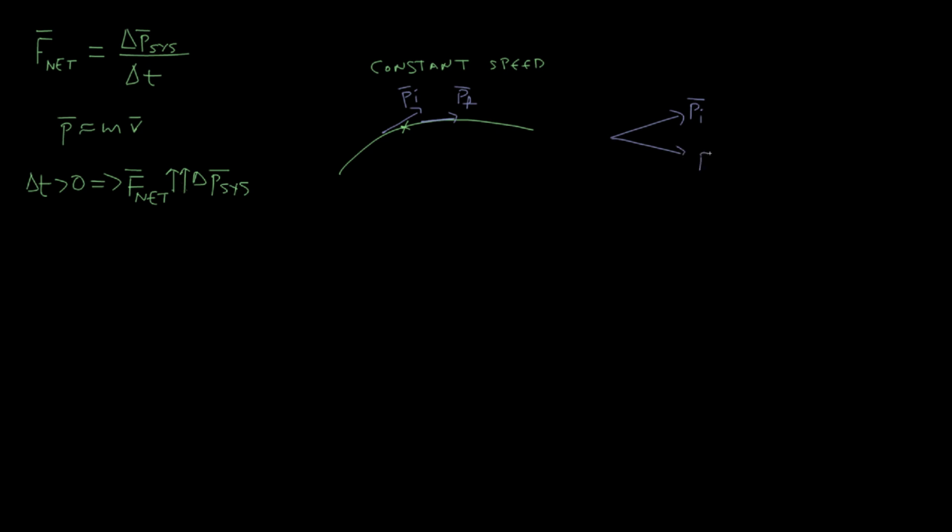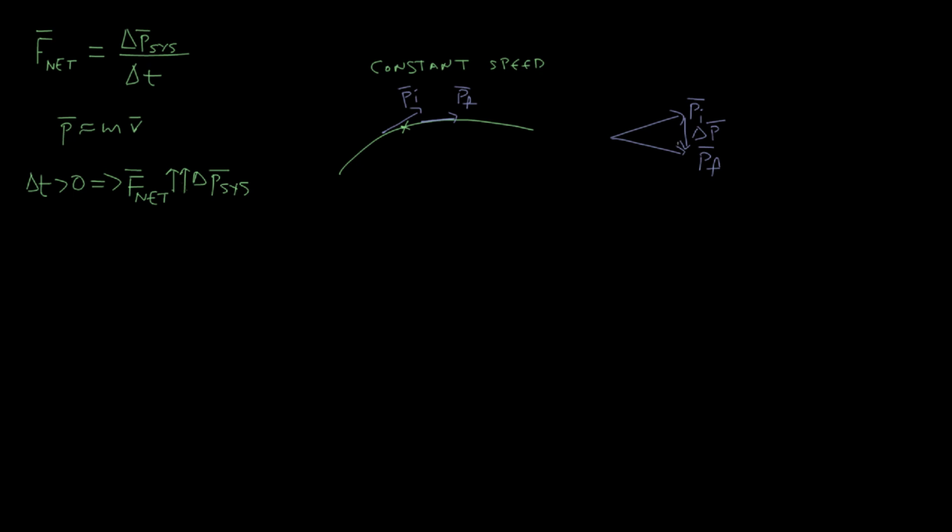So roughly these are my initial and final momentum vectors, and I moved them so that they have the same tail. Since this is P initial and this is P final, I can find the change in momentum by thinking: if this is the initial, what do I need to add to it in order to get to the final? I need to add this vector. So this will be my change in momentum.